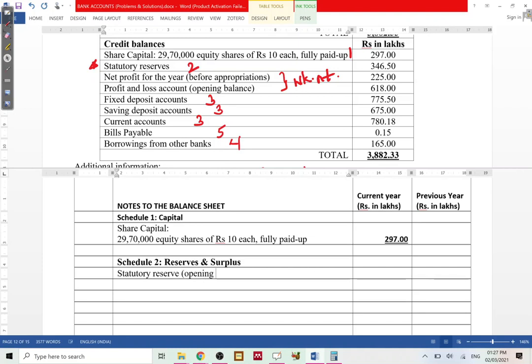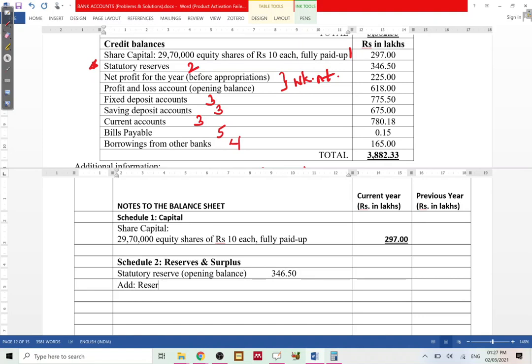So it is the opening balance. What we need to do is keep this statutory reserve 346.50, and to that we will also add later the balance for the current year.